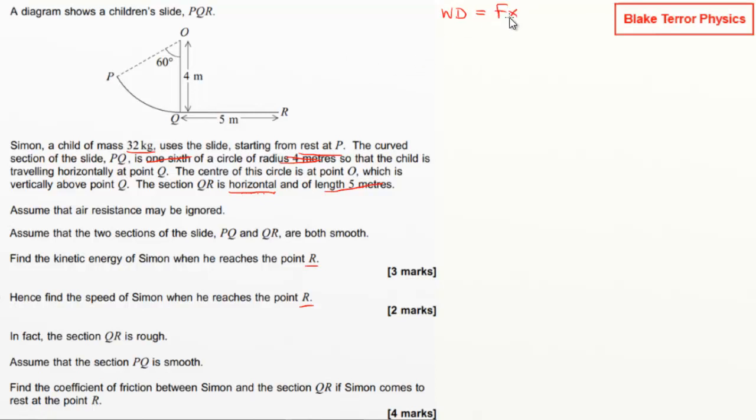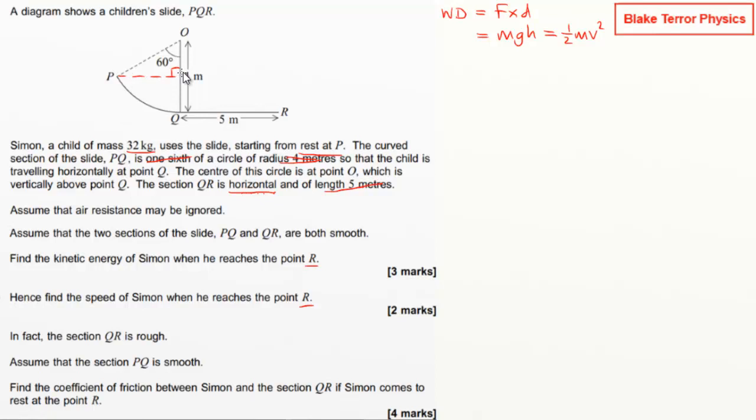Work done is force times distance. That's mgh. And that is our energy transferred into kinetic energy, half mv squared. So our kinetic energy is going to be mgh. So we need to work out what this h is.